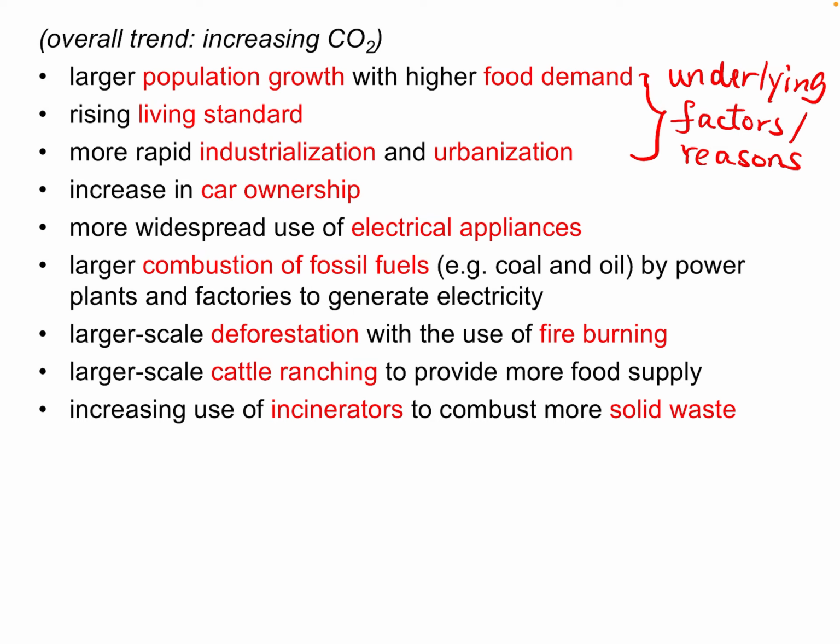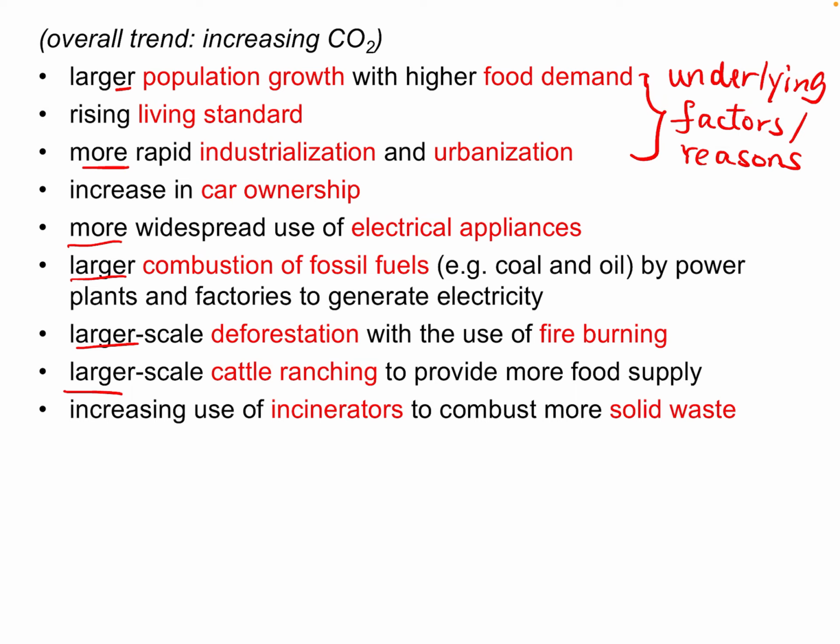Because of all these changes, the people start to use more vehicles, more car ownership, or they use more electrical appliances, so they need to burn more fossil fuel, larger combustion of fossil fuel. As I mentioned, you must use the adjective, more, larger.